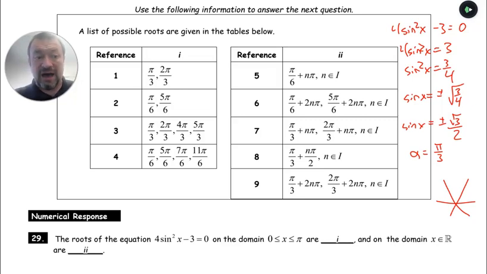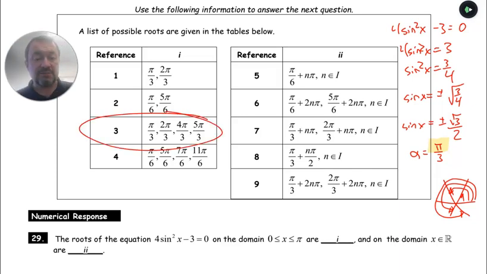Pi over 3 means I'm chopping up half of the circle into thirds. So this angle is pi over 3, this would be 2 pi over 3, 4 pi over 3, and all the way down here is 5 pi over 3. And so we can see right there that the answer has got to be 3.